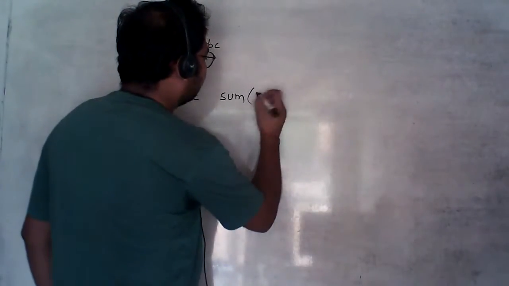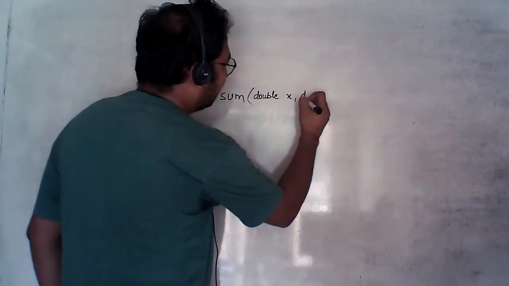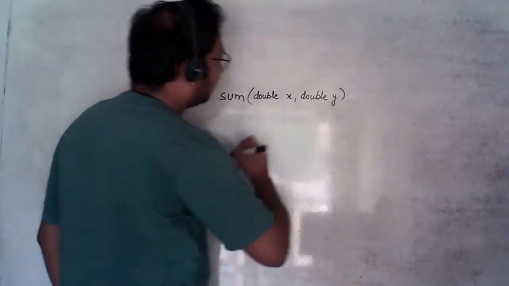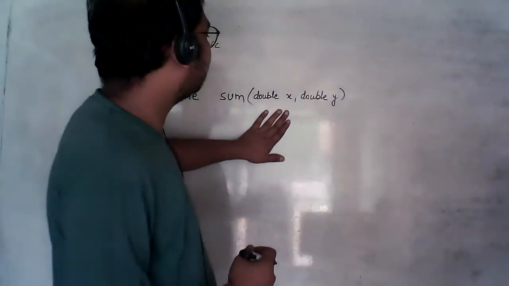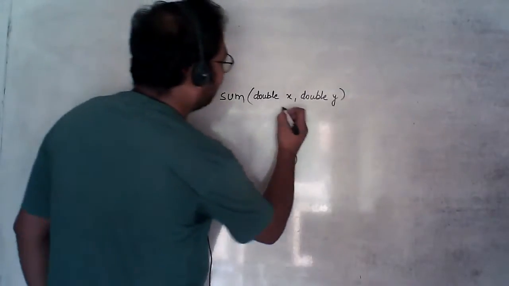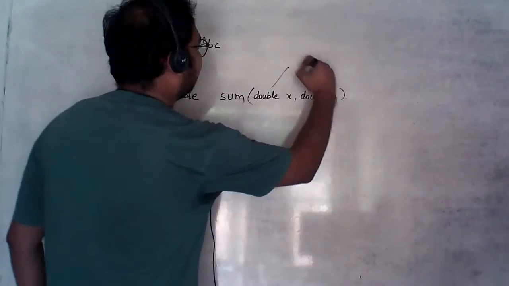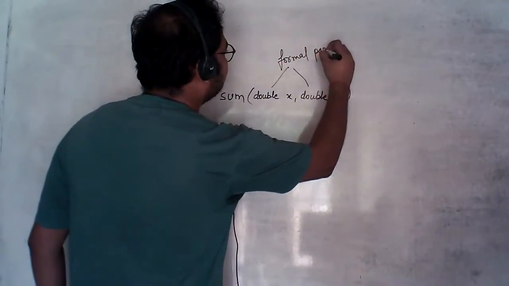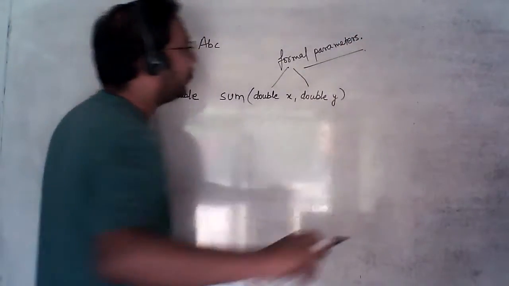So I'm writing double x and double y. So what is it? These are the parameters, and these are known as formal parameters.